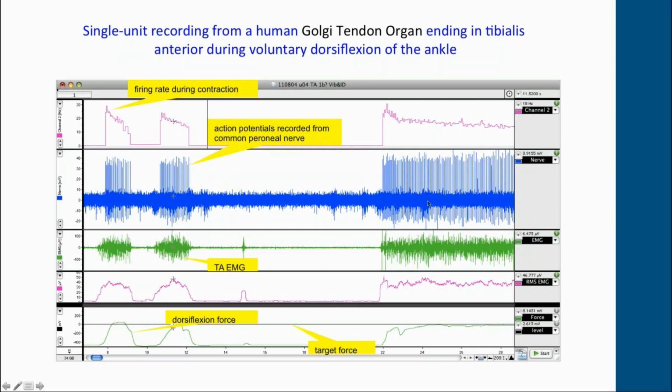Interestingly, and I'll also come back to this, you can see that within this recording there are spontaneous bursts of muscle sympathetic nerve activity. Sometimes we get this, and for a recording where we're interested in the activity of the myelinated afferent, this sort of activity can be a bit of a nuisance, but you'll see sometimes it can be beneficial.